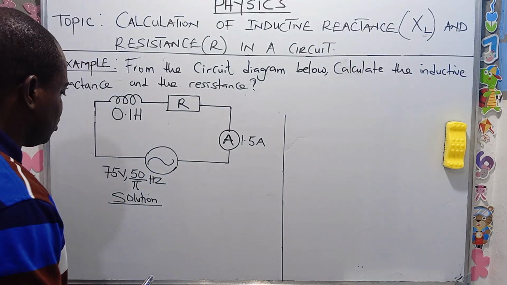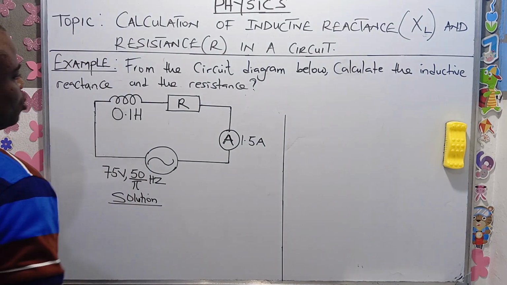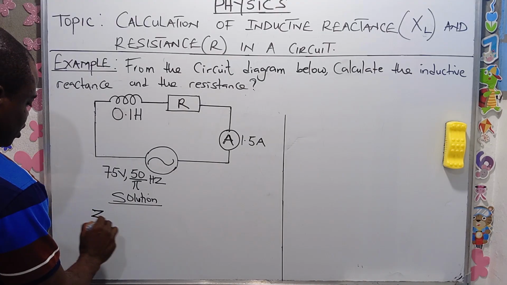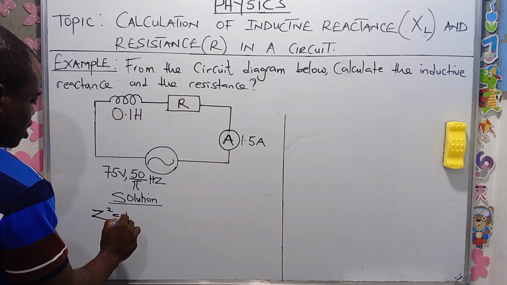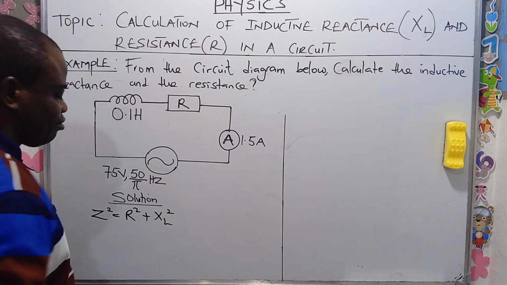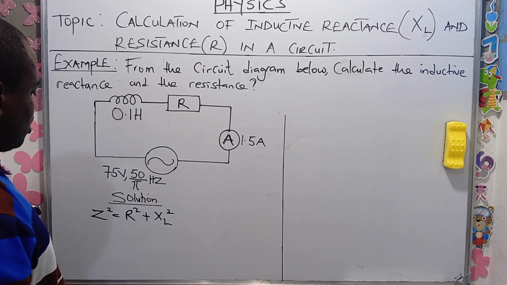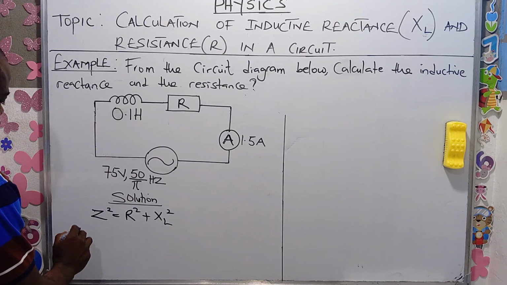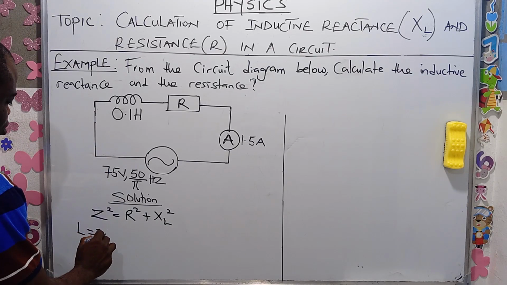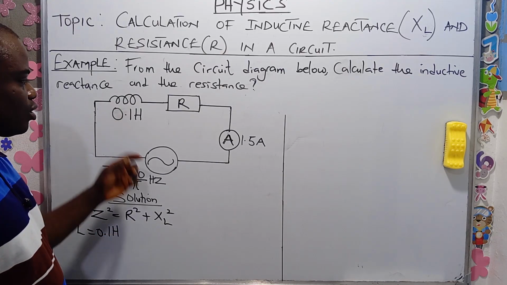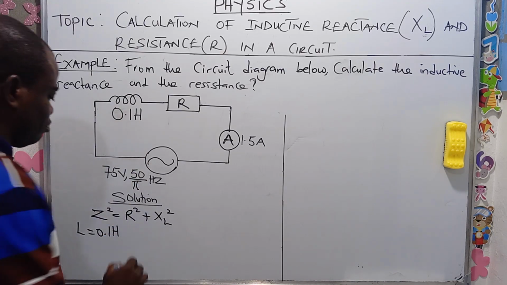Okay, now since we are combining the inductor and the resistor, you now have Z squared equals R squared plus XL squared. We don't have the impedance, we have the inductor. Let's write the parameters. Inductor equals 0.1 Henry. The unit of inductor is Henry.